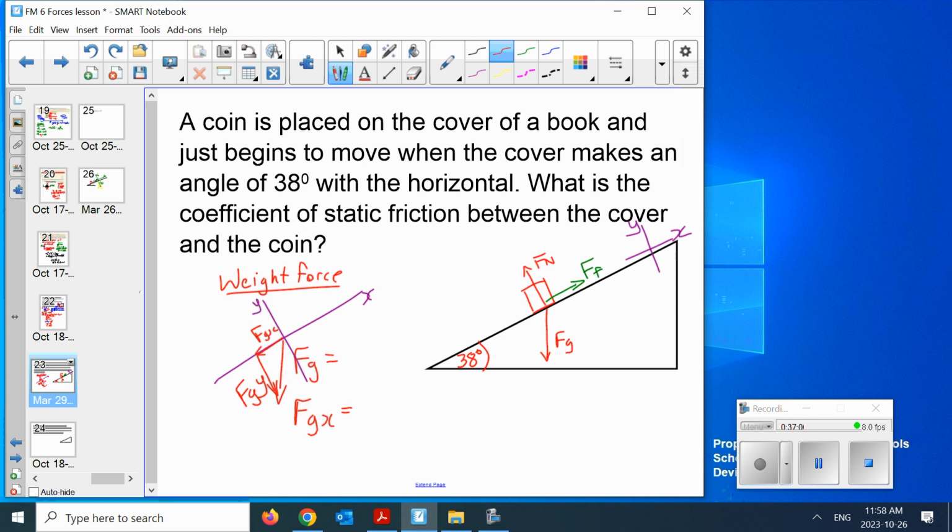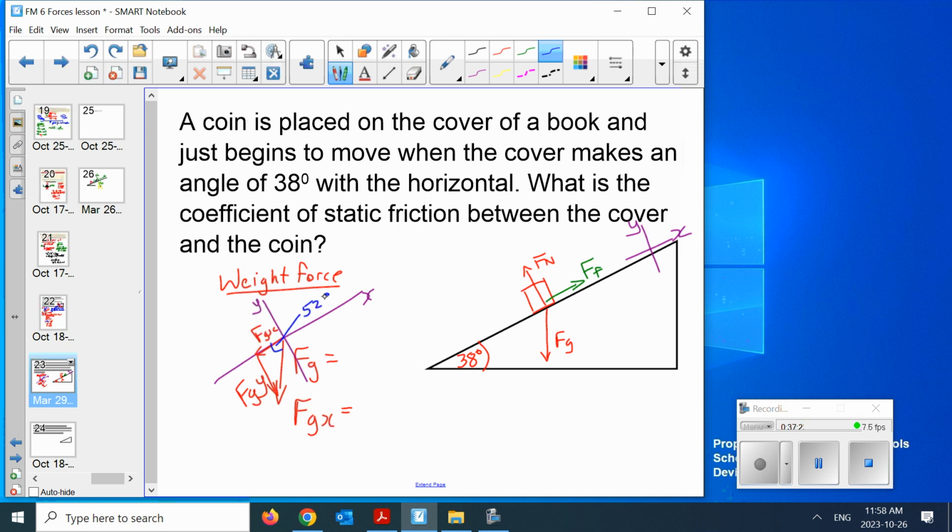What is the angle that's right here? We go with the 90 minus 38, right? What is 90 minus 38? I don't remember. Oh gosh, 52. Yeah, that's 52 degrees.